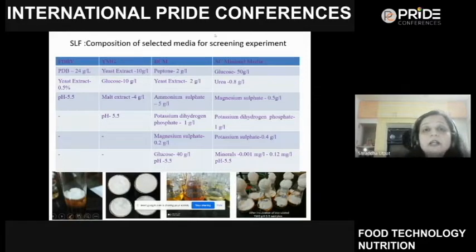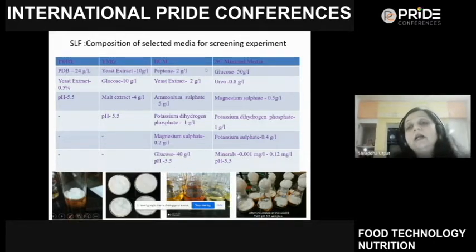So these are the media compositions selected for the screening experiment: PDBY, yeast extract, glucose, malt extract with pH 5.5, IMG media, then basal culture medium which contained peptone, yeast extract, ammonium sulfate, potassium dihydrogen phosphate, magnesium sulfate, glucose, and SC minimal media.